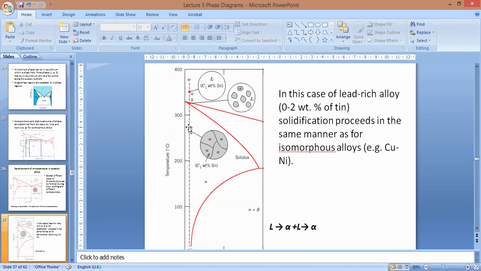Coming to point C, where is point C? Point C is in the alpha region. This is the solid region. It simply means that as you are cooling down below 300 degrees Celsius, approaching 200, you already have a solid formed.